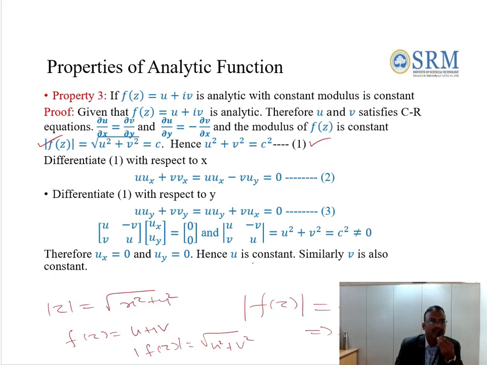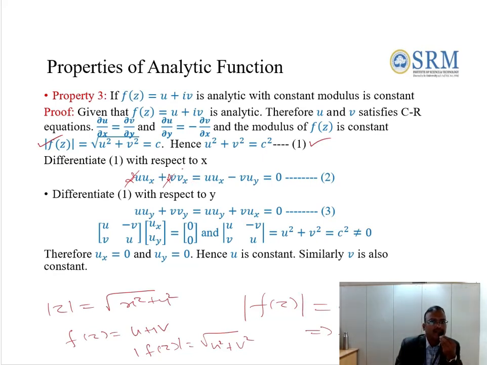Now differentiate equation 1 partially with respect to x. You will get 2u ux plus 2v vx equal to 0, and then we can cancel the common factor, so remaining u ux plus v vx equal to 0.